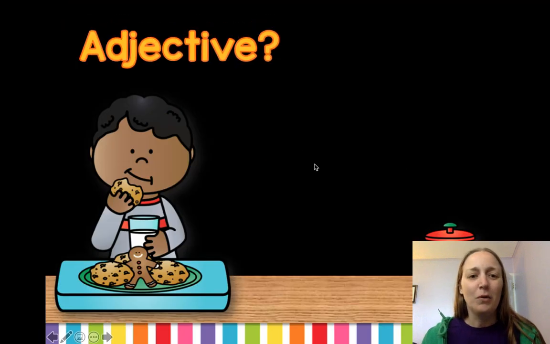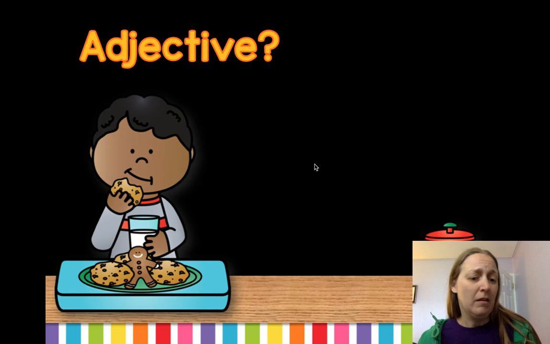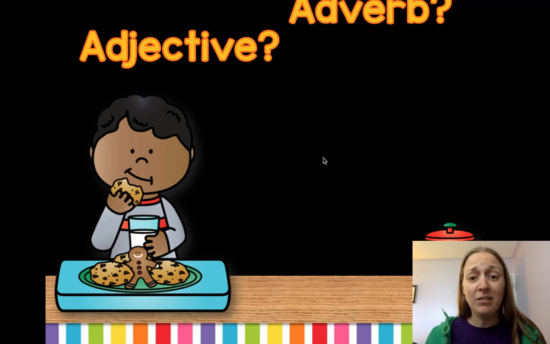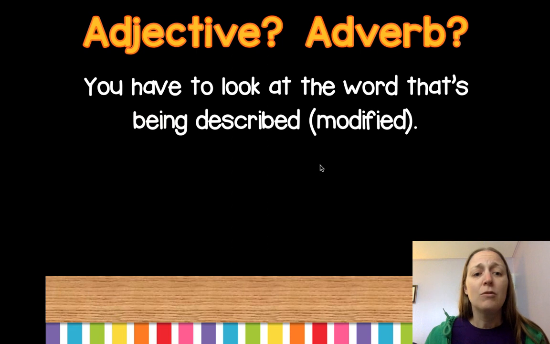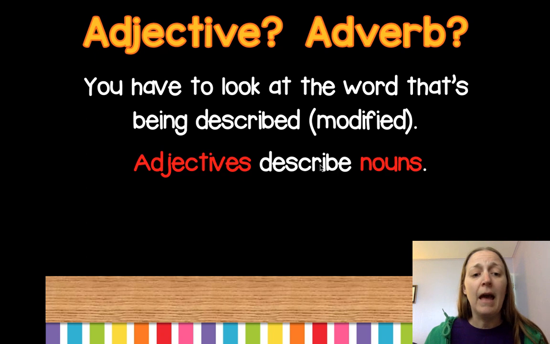So, you might be asking yourself, is the word I'm looking for an adjective? Is the word I'm looking for an adverb? So here's how you can kind of tell. Sometimes it's difficult to choose the correct adjective or adverb to use in a sentence. You have to look at the word that's being described or being modified. So an adjective describes a noun.